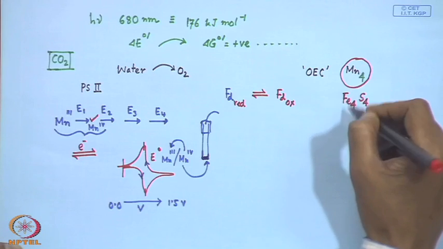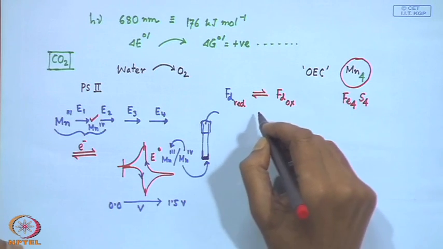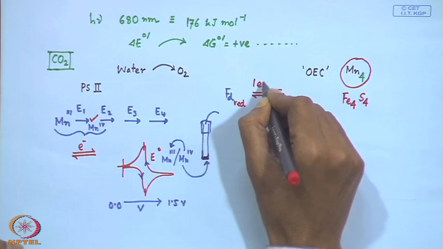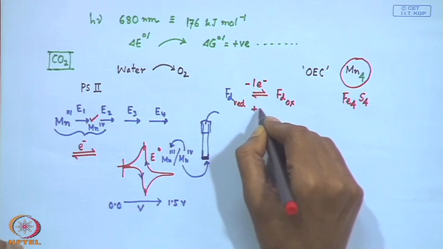So, it has certain similarity with that manganese 4 species, and in this particular case too we get only one electron transfer. So, it is the oxidation and it is the reduction.